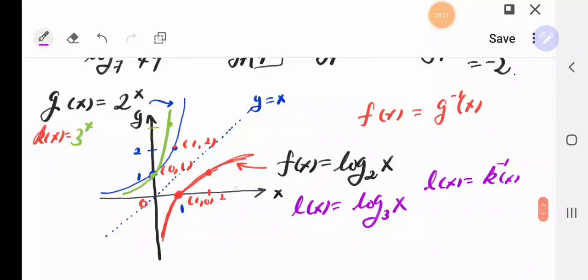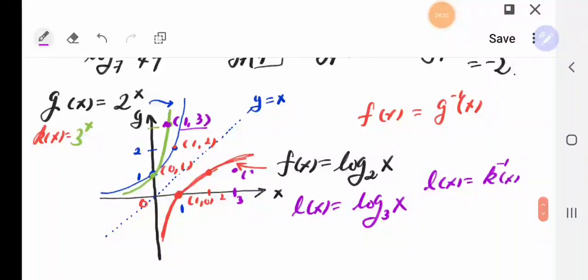So this time, same thing. For k, when x equals 1, y equals 3. So this point will be when x equals 3, y is equal to 1, because we interchange 1 and 3.